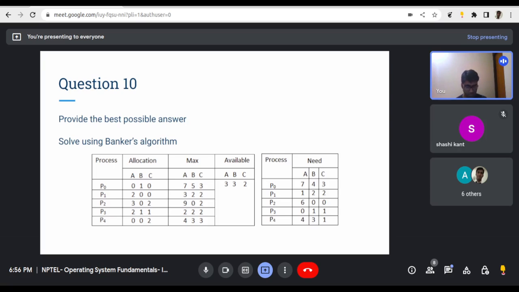Can P3 complete? Then 0, 1, 1 is the need of P3 and we currently have 5, 3, 2. Is it okay?